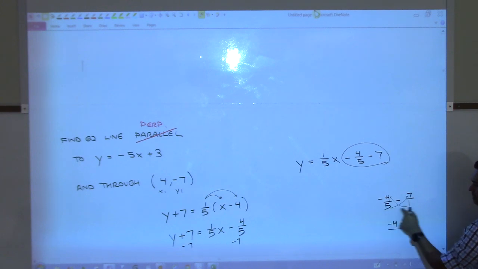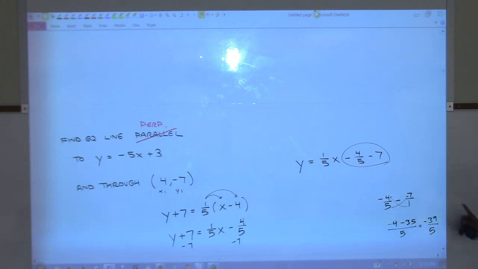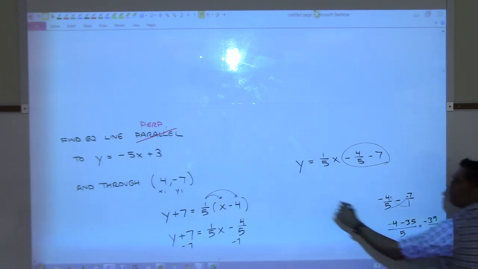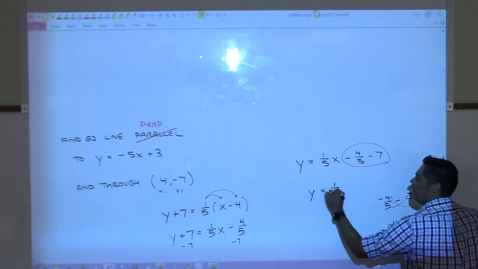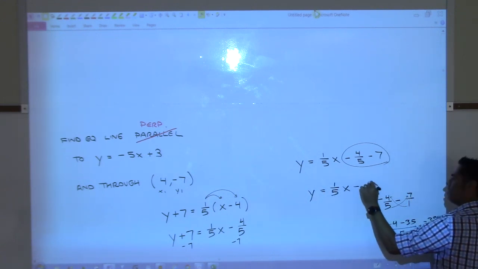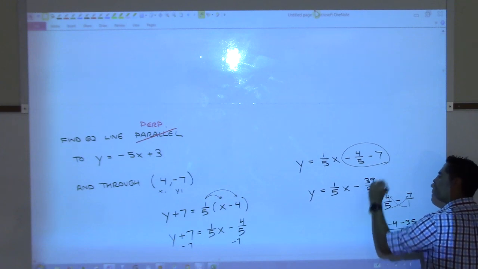And then across the bottom, 5 times 1 is 5. So -39 over 5. I understand it still is going to take a little bit of scratch work on the side, but we've done this. So I think we're at a final answer here. y is equal to 1/5 x minus 39 over 5.